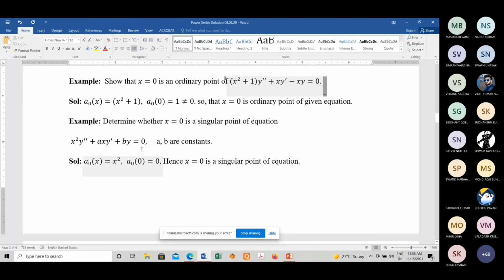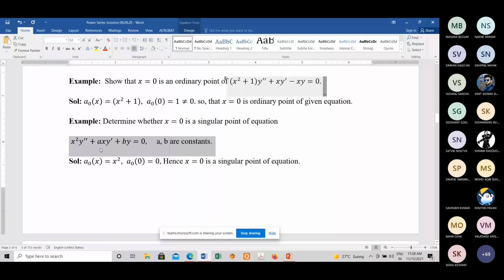At the same time, I am taking another example here. In this case, p x is a divided by x, because when we divide the whole equation by x square, p x will be a divided by x and q x will be b by x square.